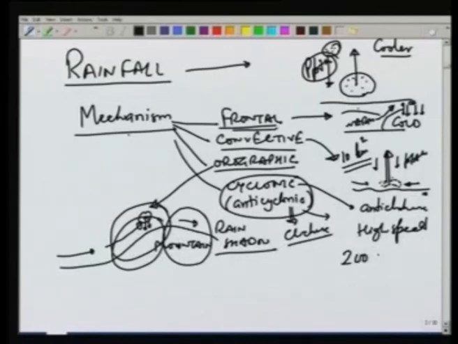And these patterns, cyclones and anticyclones, they carry a lot of moisture and they cover a very large area, typically an area up to maybe about 200 square kilometers can be covered by cyclonic precipitations. So, these are some common mechanisms which cause precipitation.